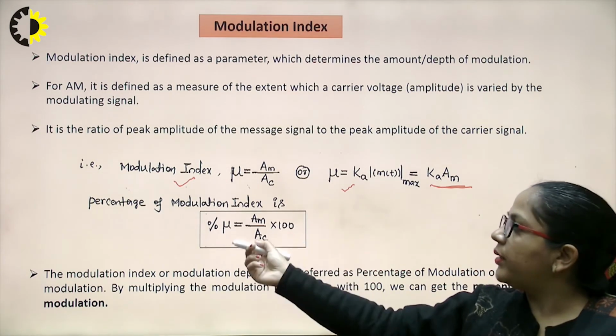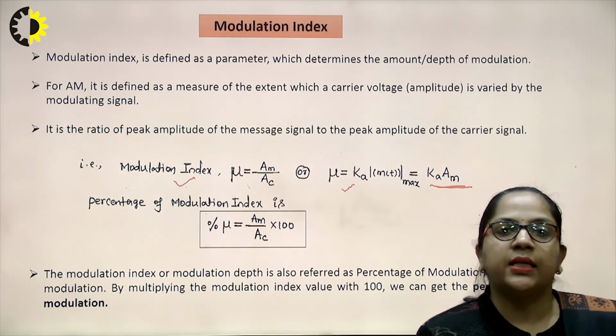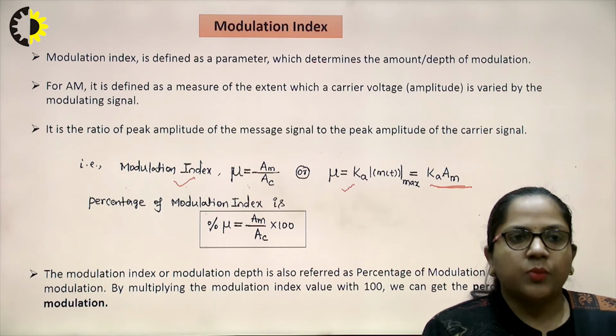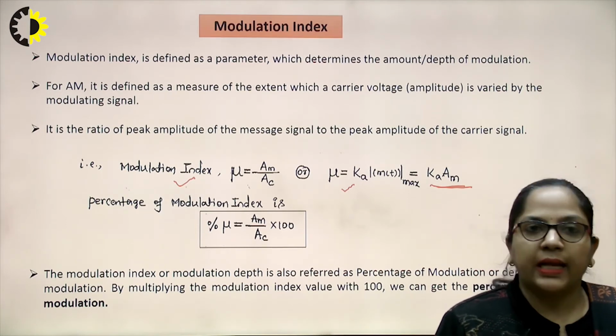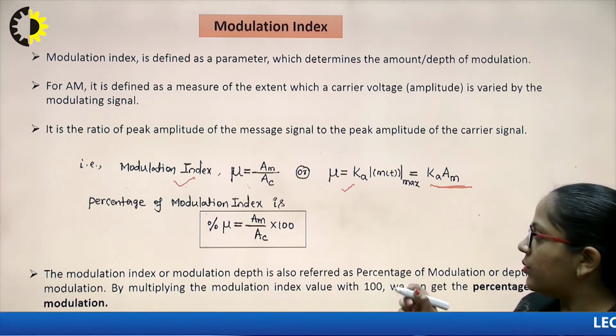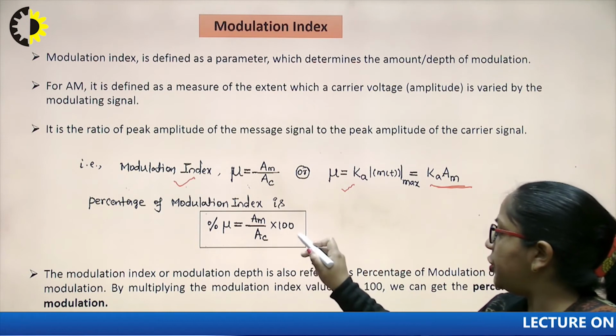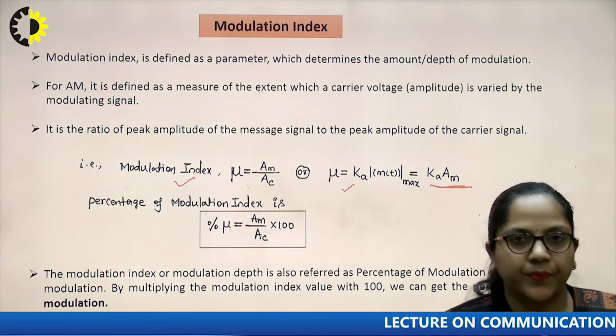So, how can we calculate the percentage of modulation index? Just by multiplying the ratio of Am by Ac into 100. The modulation index or modulation depth is also referred to as percentage of modulation or the depth of modulation. So, by simply multiplying this ratio with 100, we can get the percentage modulation.